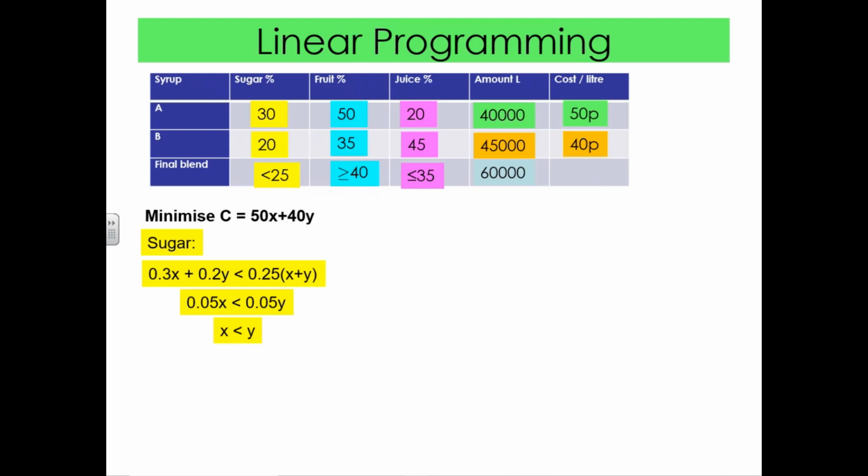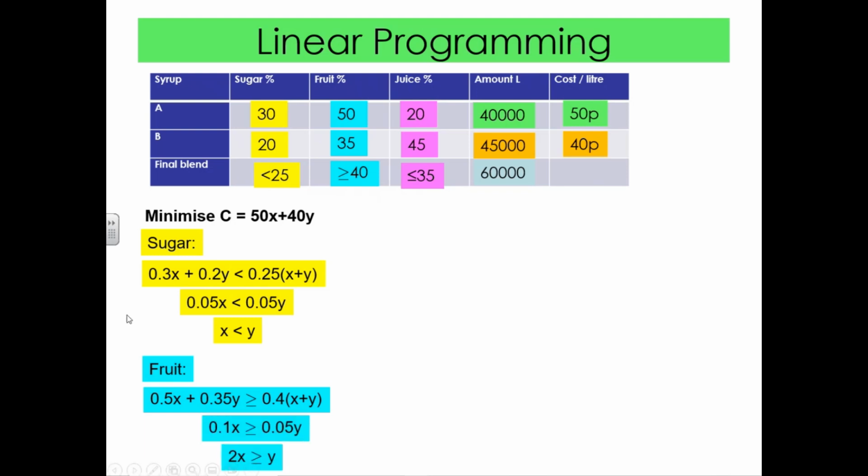Let's do the same for the fruit. So we've got 50% of x plus 35% of y. This time it has to be greater than or equal to 40% of the total blend. So greater than or equal to 40% of x plus y, which again you can simplify. This time it turns into 2x is greater than or equal to y.